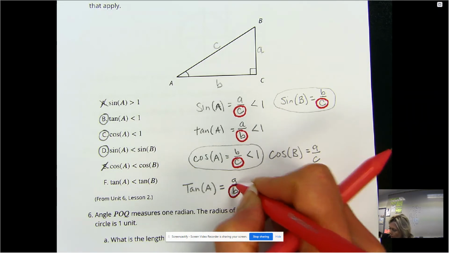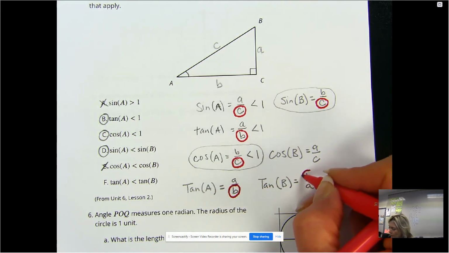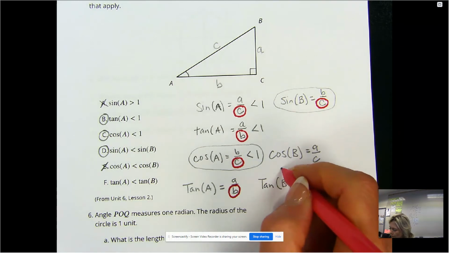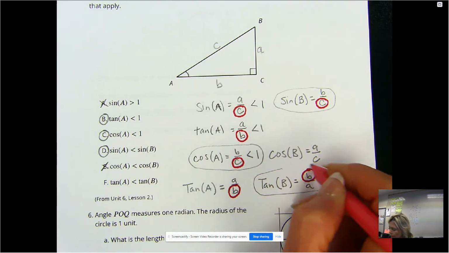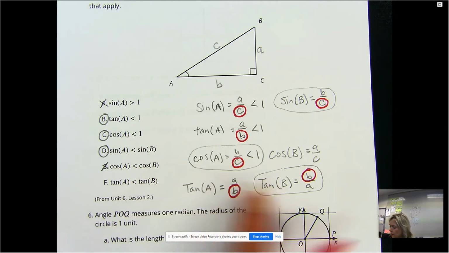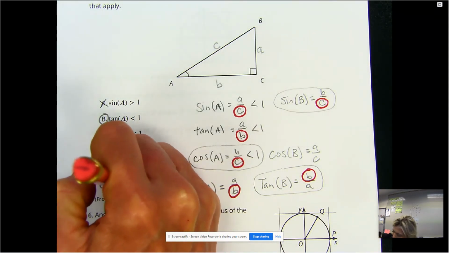So the larger number for tangent of A is on the bottom, but for tangent of B is on the top. So that means that the tangent of B is the larger overall value. So the tangent of A is less than the tangent of B because this is the larger value.